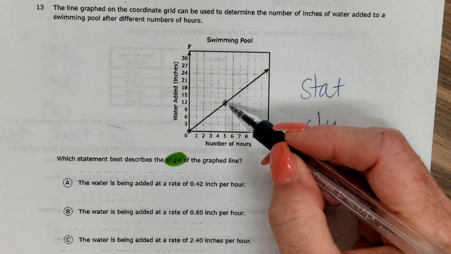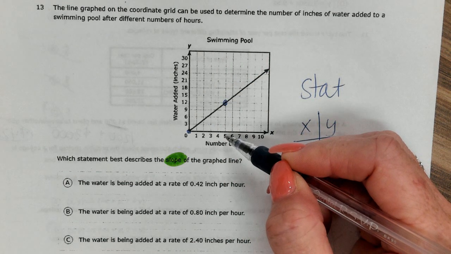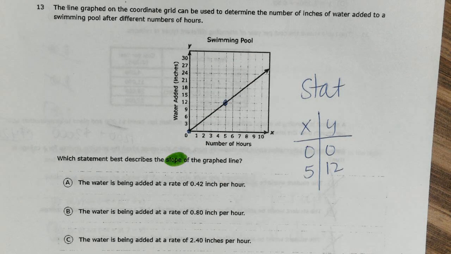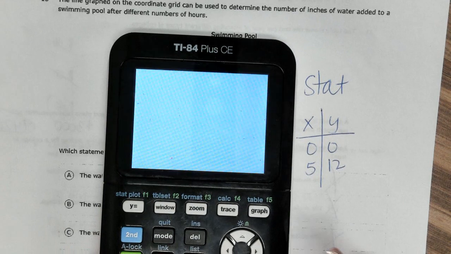What is the x value of that dot? 5. What is the y value of that dot? All right, let's go to stat.